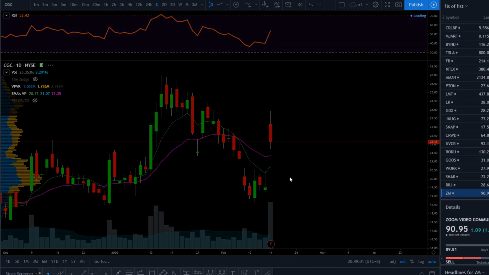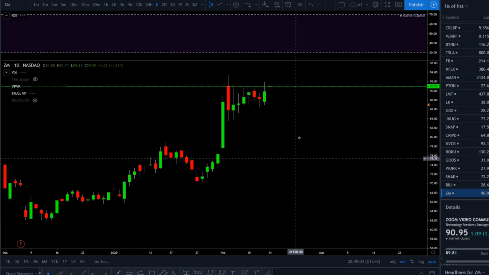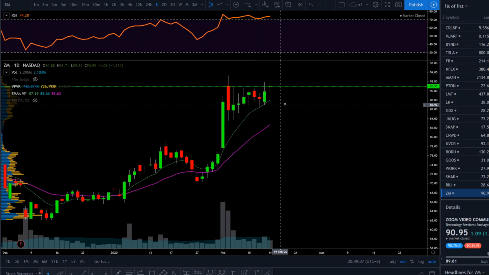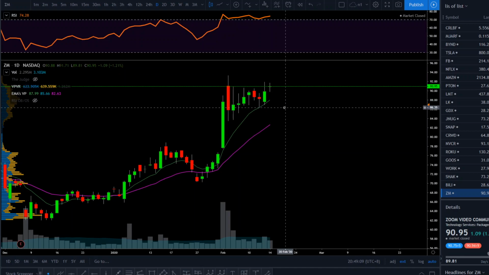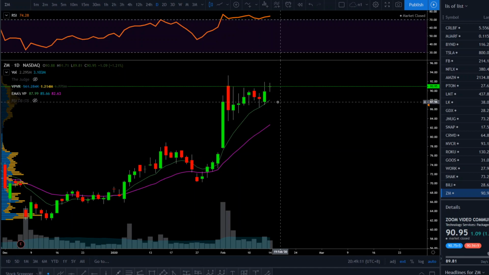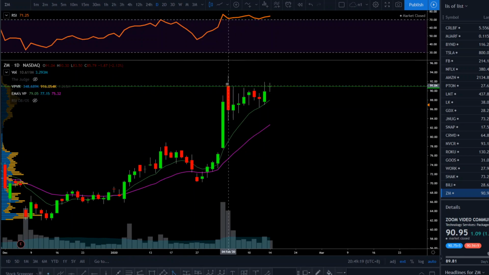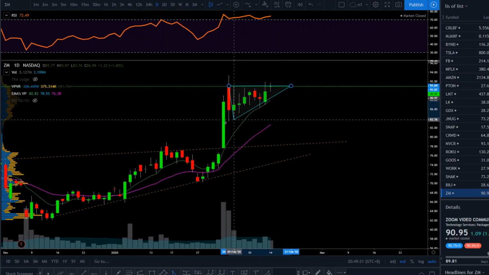I also did trade ZM. I still held the position. I think I bought it at about 90, and I'm just holding it, hoping that this structure is going to break bullish. Is it like a little pennant, I guess?